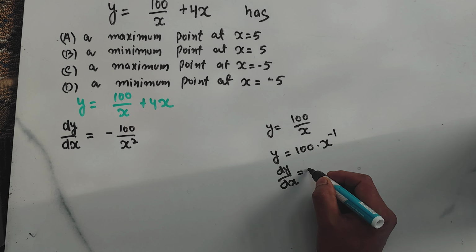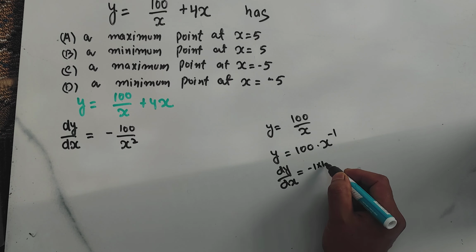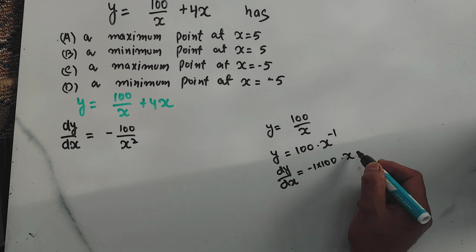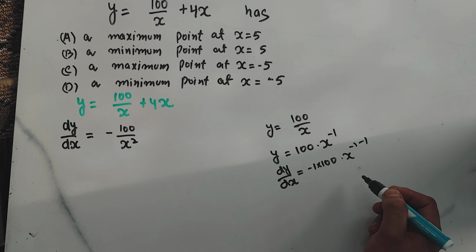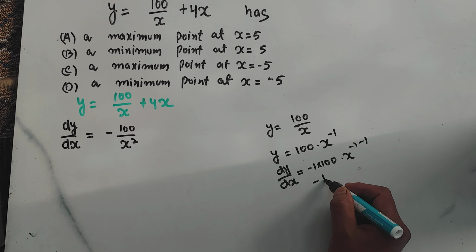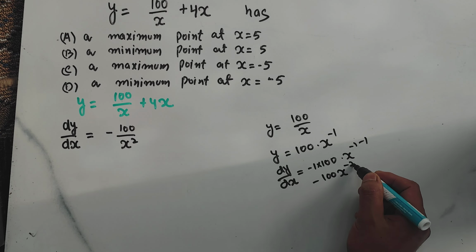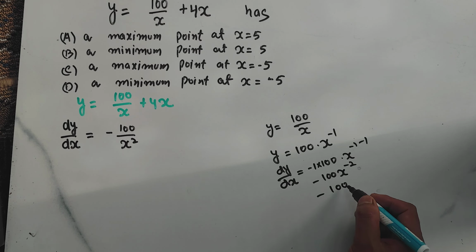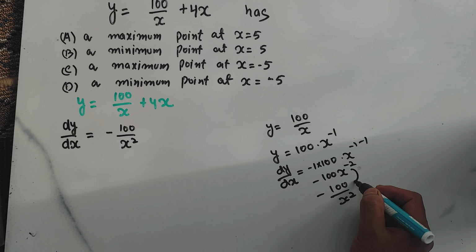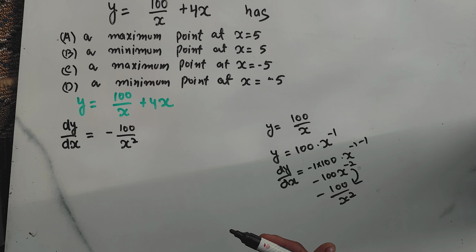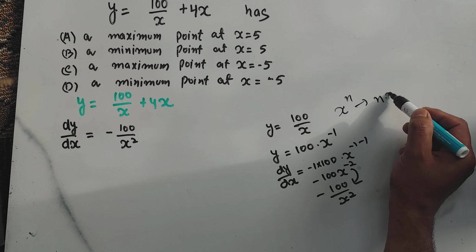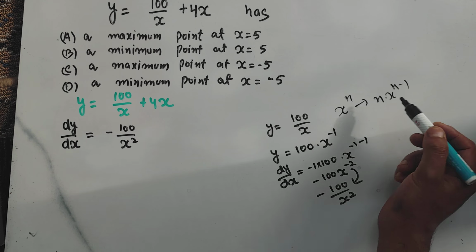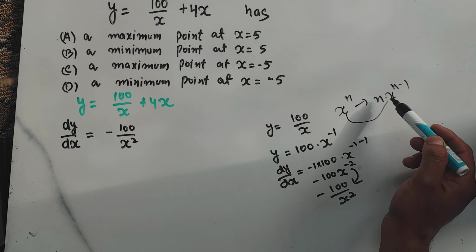The exponent becomes the coefficient, so we have negative 1 times 100, and the exponent is reduced by 1, so we have negative 2. So it becomes minus 100 x raised to the power negative 2, which is equal to negative 100 upon x square. Transposing this to the denominator, the exponent sign changes. This is the power function rule: the derivative of x raised to the power n is n times x raised to the power n minus 1.